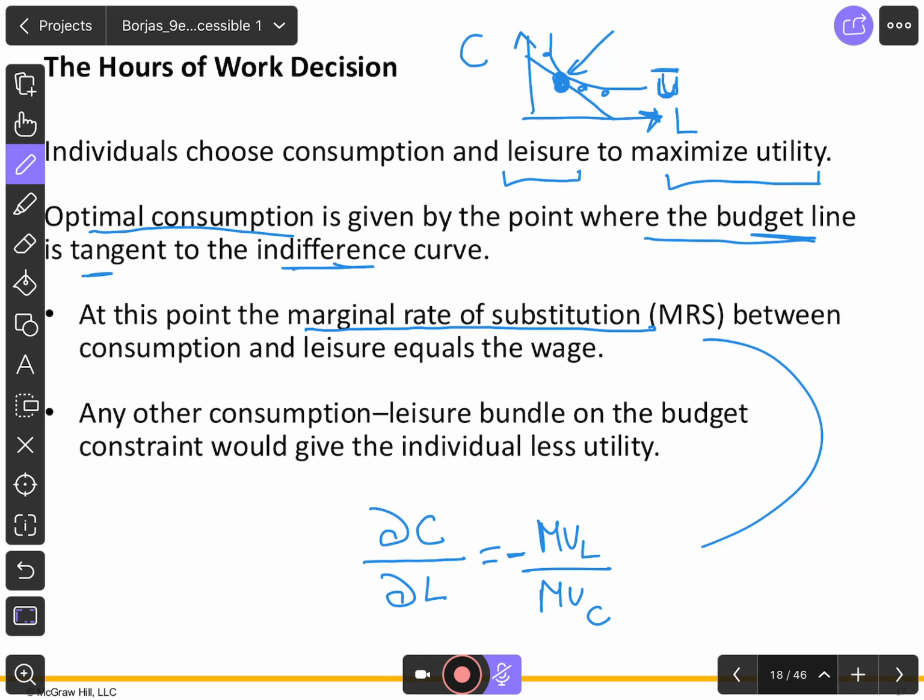So the slope of this curve has to be equal to the slope of the budget line, where the slope of the budget line is equal to the wage.